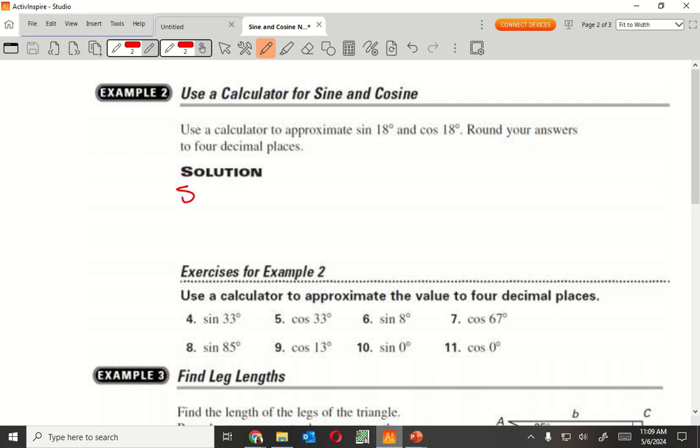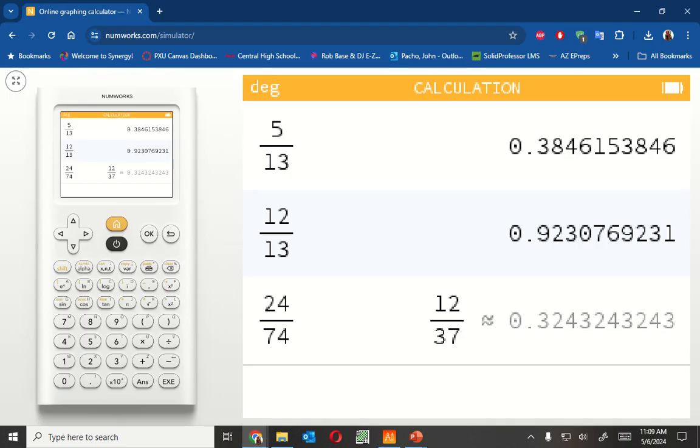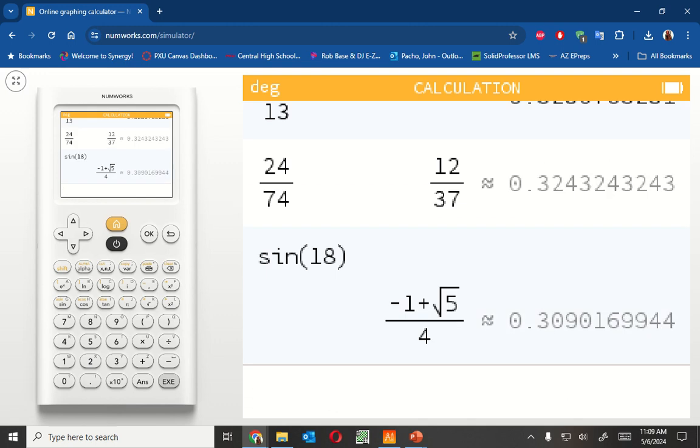So sine of 18 degrees. Now, if you notice, it stays at sine 18. If your calculator is in the wrong mode, it will say sine 18 rad.